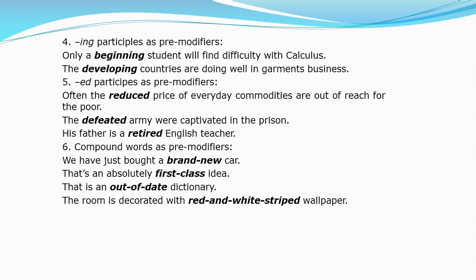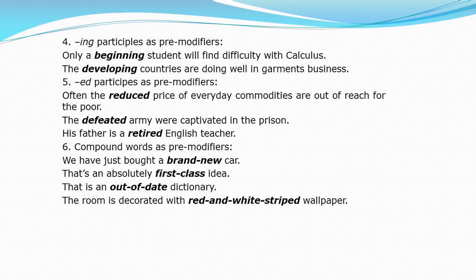Next example of compound word: the room is decorated with red and white striped wallpaper. If you analyze the sentences, you will be able to easily identify the compound words. This word is not only one word, but it is composed of more than one word, at least two words.